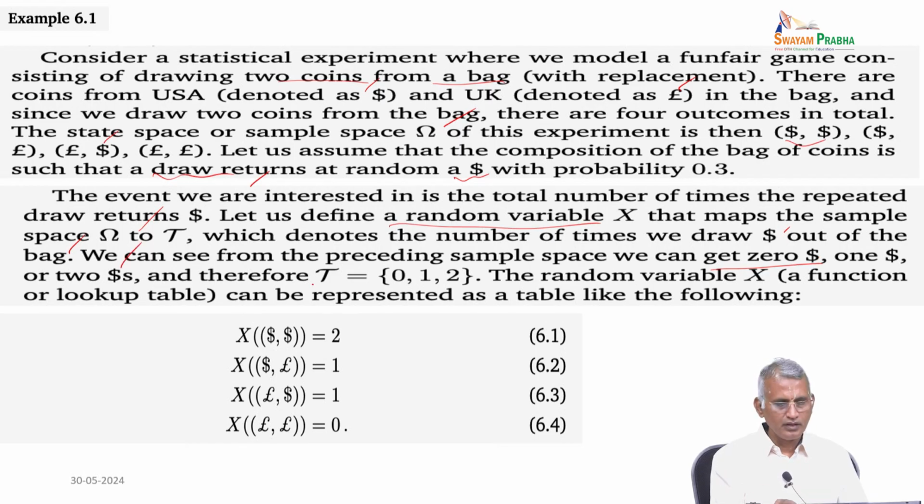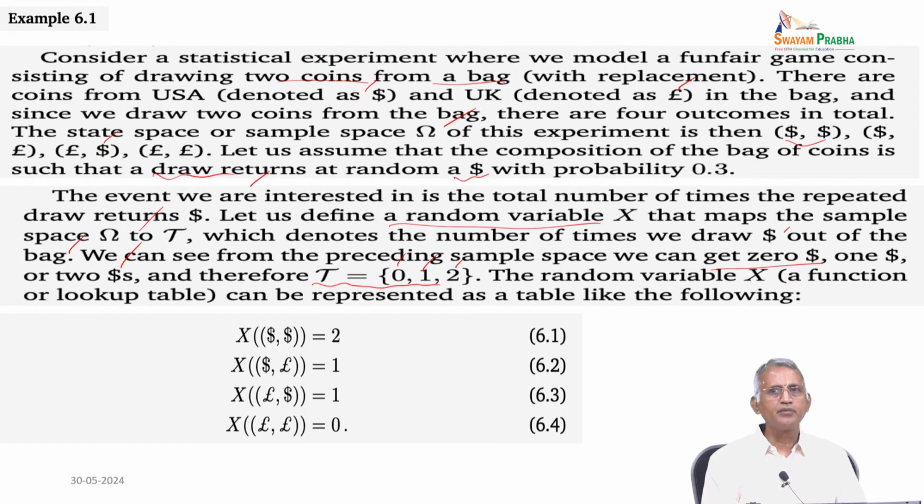Therefore, the value of the random variable corresponding to an outcome in T is either 0, 1 or 2, and vice versa for the pound.